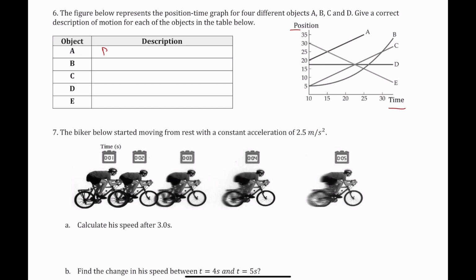So positive and constant velocity. B, the object is speeding up, so there is acceleration and it's positive. So we can write positive and accelerating.